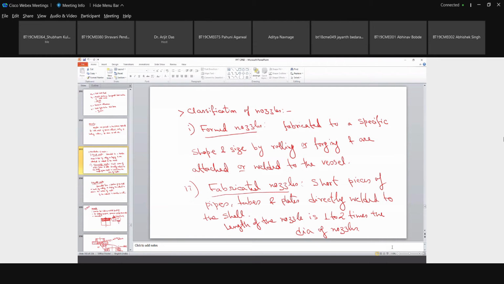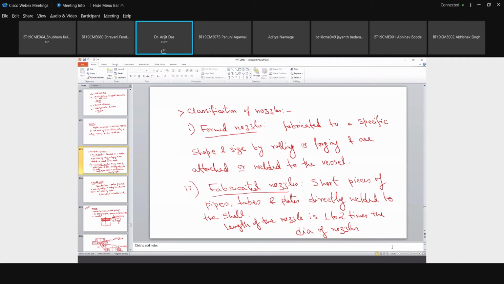Now, similarly, nozzles may be fabricated or classified according to their formations, how they are prepared or attached or formed with the equipment. It may be a formed nozzle, a fabricated nozzle, or an integrated nozzle.